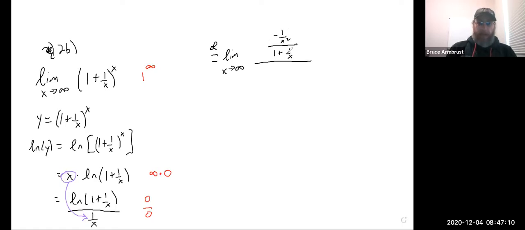So this fraction is the derivative of the natural log of 1 plus 1 over x. All right, now on the bottom, we need the derivative of 1 over x. Well, we already did that derivative in the chain rule above, so it's the same, minus 1 over x squared.